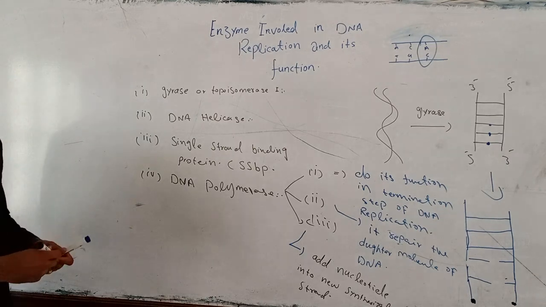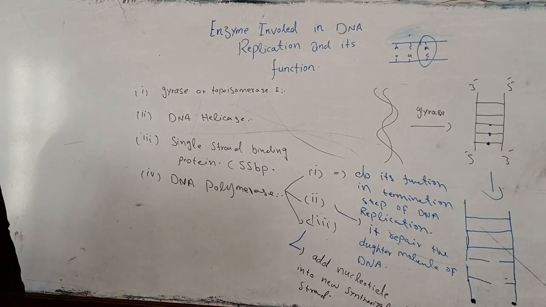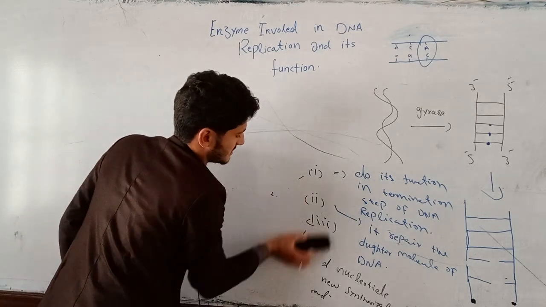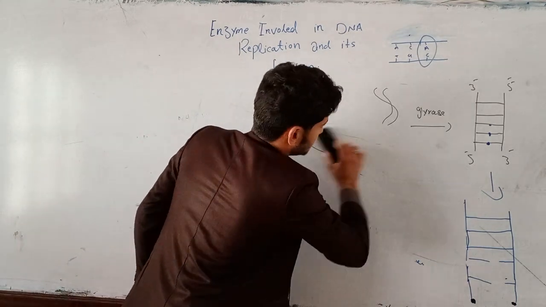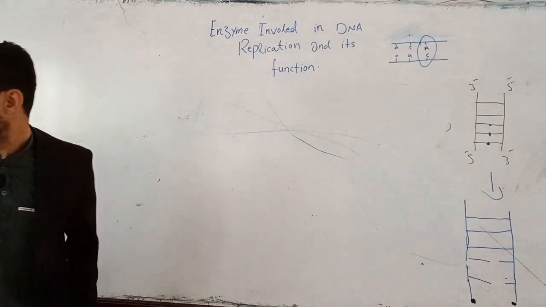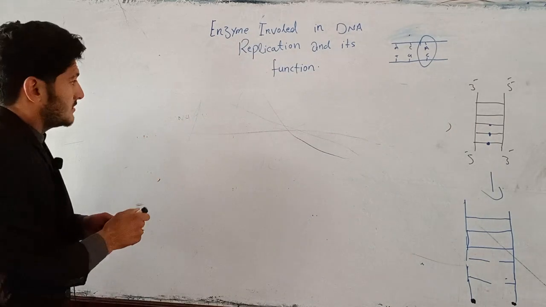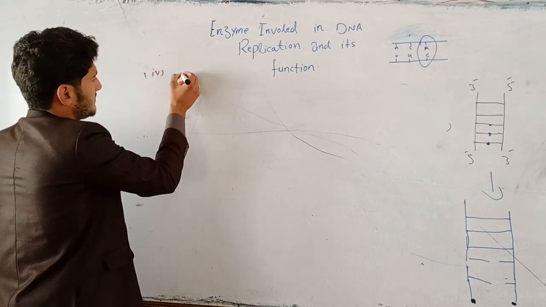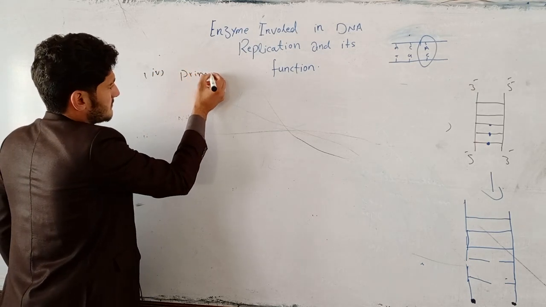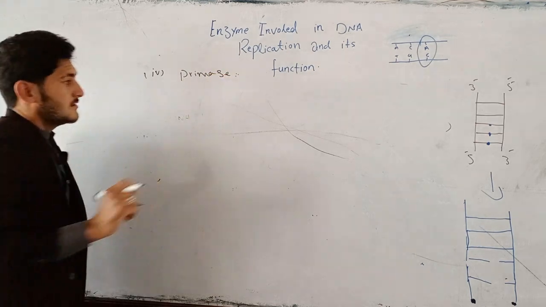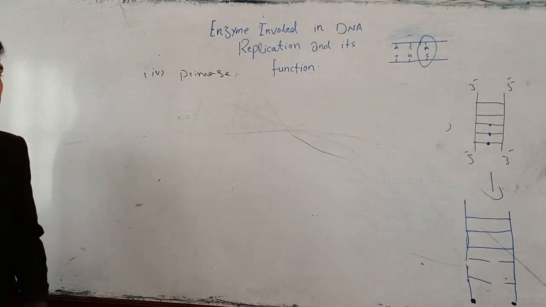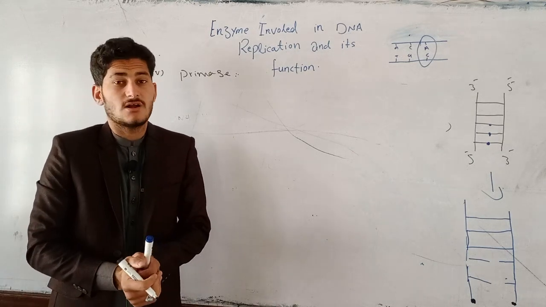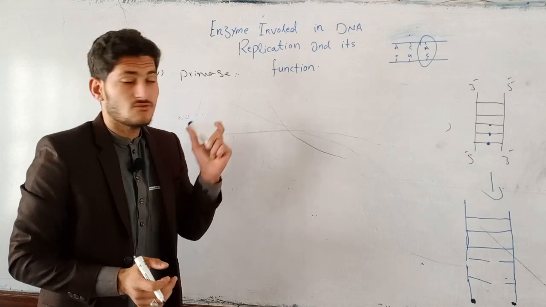Now the fourth enzyme involved in the process of DNA replication is basically primase. We know that the DNA polymerase enzyme does not work without a primer.